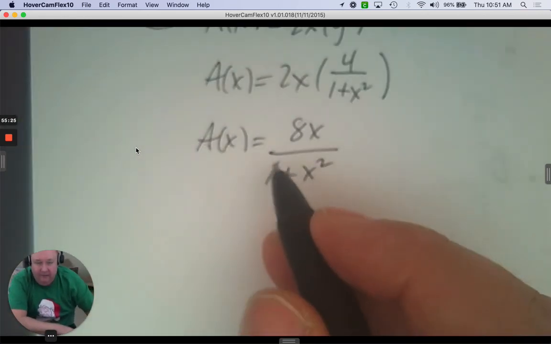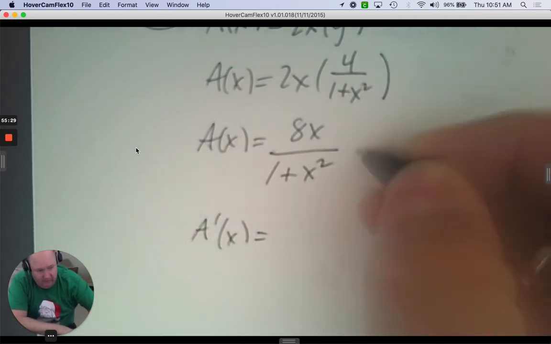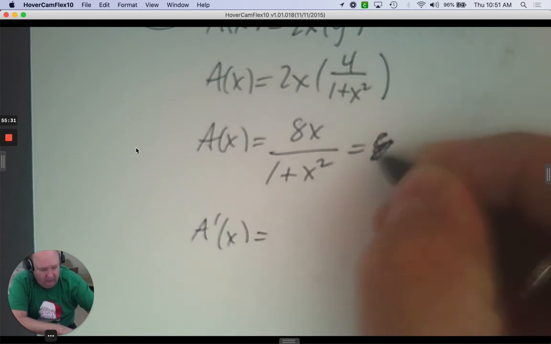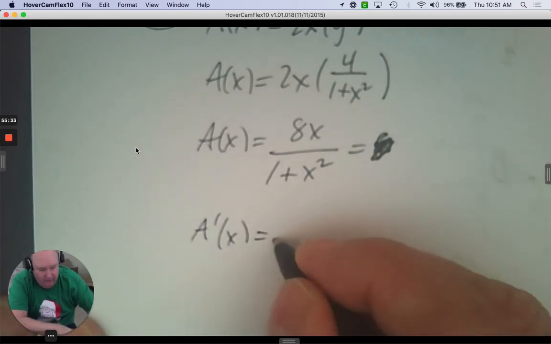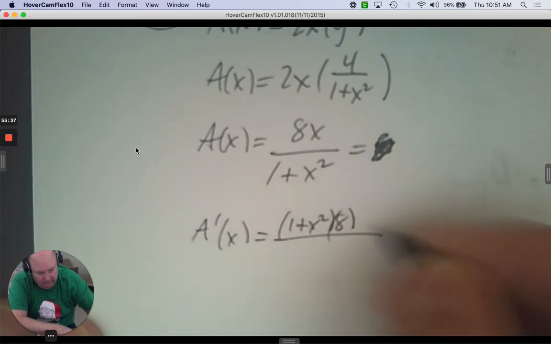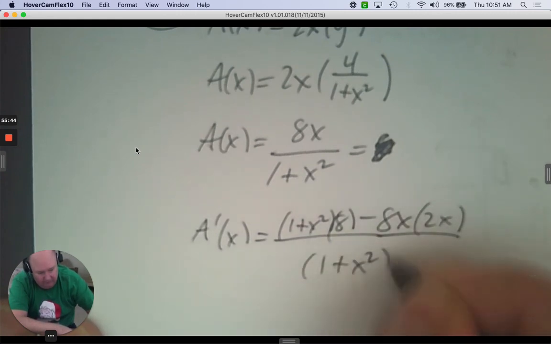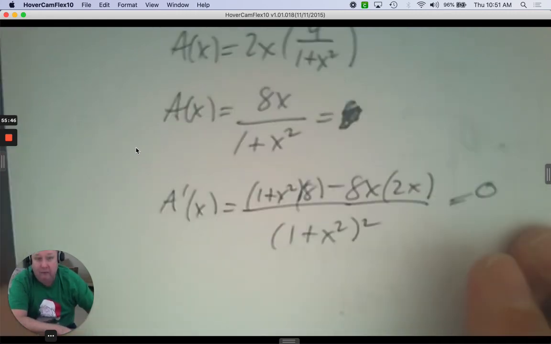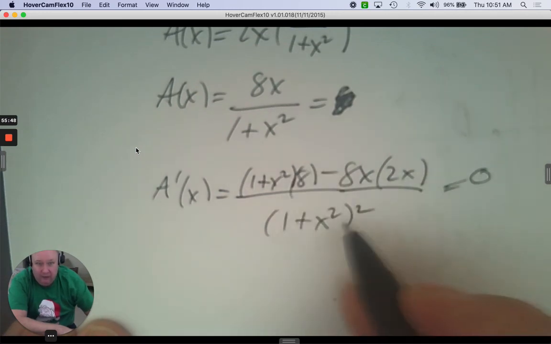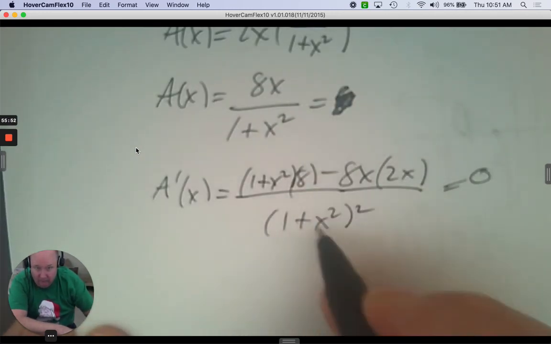To find the maximum value of this, I'm going to take the derivative. I can just take the derivative using the quotient rule. So that's the bottom times the derivative of the top minus the top times the derivative of the bottom, and then the bottom squared. And I'm going to make it equal to 0. Because I do that, I'm only looking at the numerator, because if the numerator is 0, 0 divided by anything is 0.